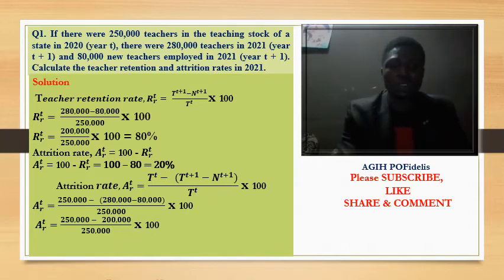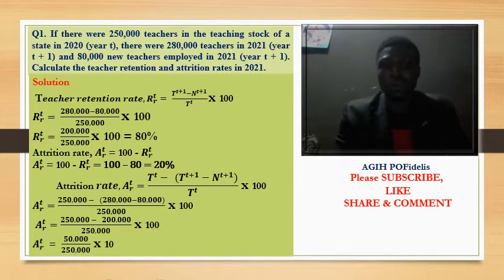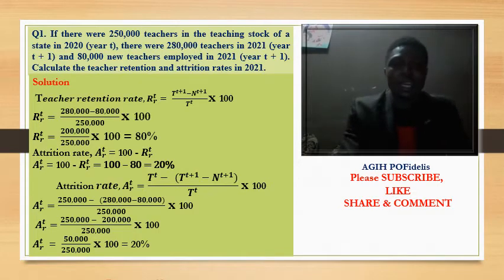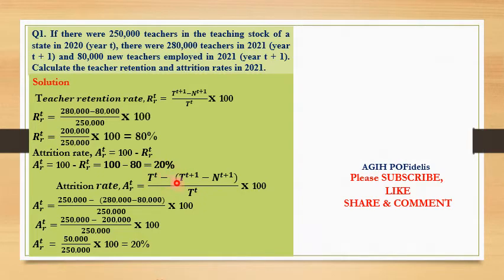That will give us 50,000 over 250,000 multiplied by 100, and this will still give us 20%, as we had earlier using the first method of calculating the attrition rate.